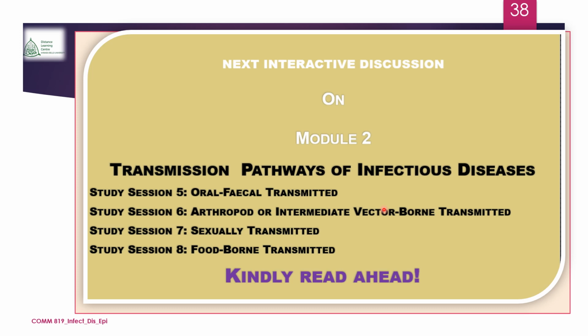Then vector-borne, the insect and other vectors, maybe an active or passive vector. Then we have contact or sexually transmitted infectious diseases. We have foodborne infectious diseases, mostly caused by pathogens like bacteria. So I think this module 2 is just a walkover. It shouldn't be a big deal.